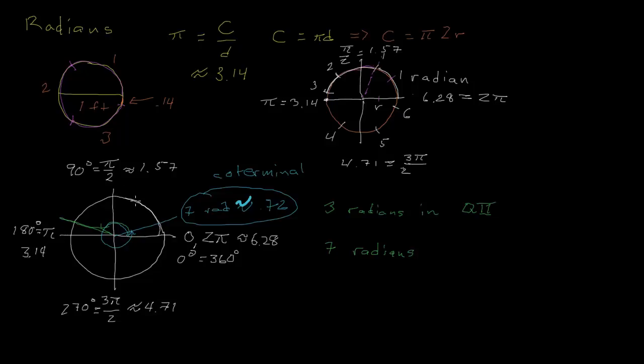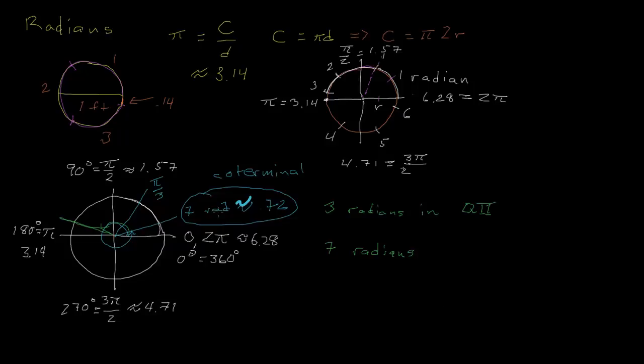If I divide this half circle, which is pi, into thirds, I'm going to get an angle like up here. 180 divided by 3 is 60 degrees, but that's also equal to pi over 3. That's what a radian is.